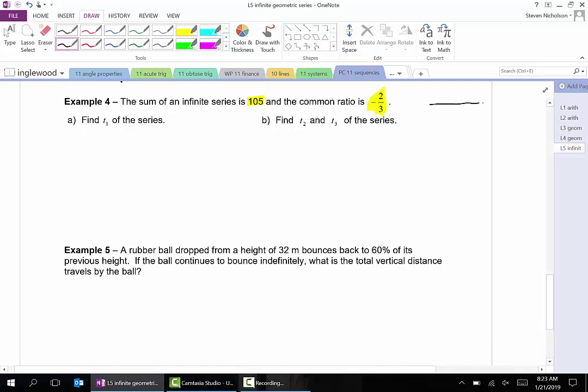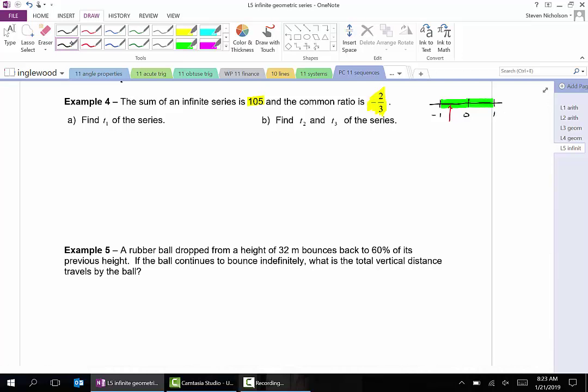Simply on a number line, here's our 0, here's our 1, here's our -1, and -2/3 is right here. This is the part of the number line we want, and our common ratio fits in it.